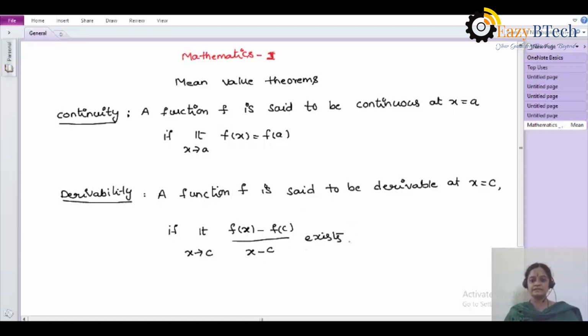If this limit exists, then you can say that the function f is derivable at the point x is equal to c.